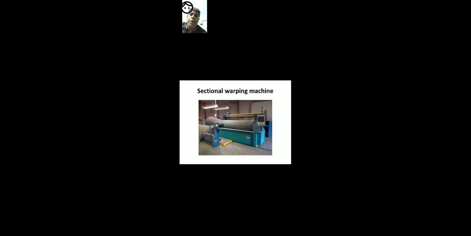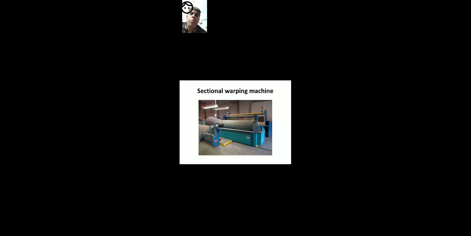Please remember, if you forget everything that's fine, but just remember the simple difference between beam warping and sectional warping. Beam warping is for single colored gray warp yarn, whereas sectional warping is for multicolored.